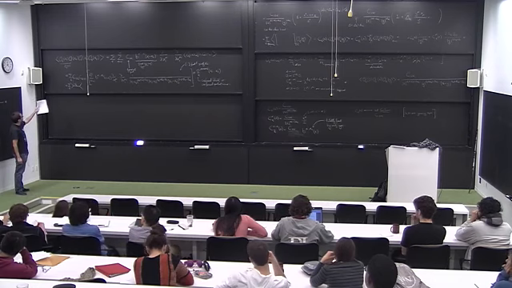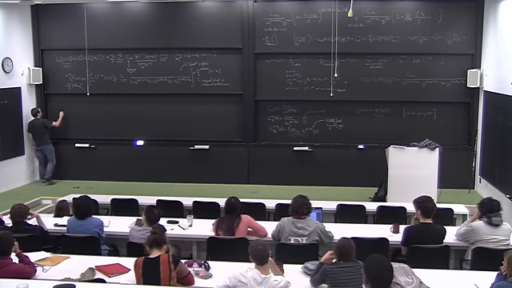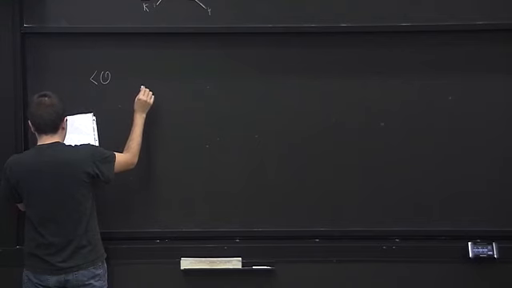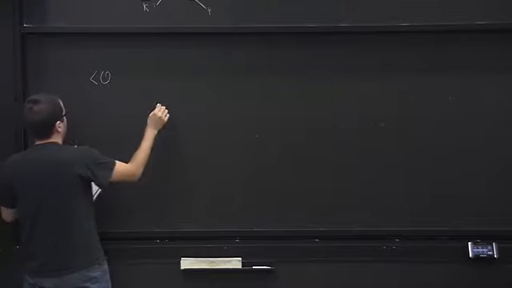Very good. Of course, we know what the total dependence of this guy should be. So we know that this function, let's now focus on operators of the same dimension.